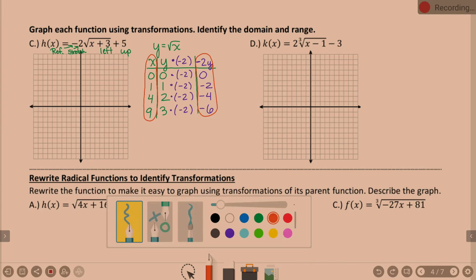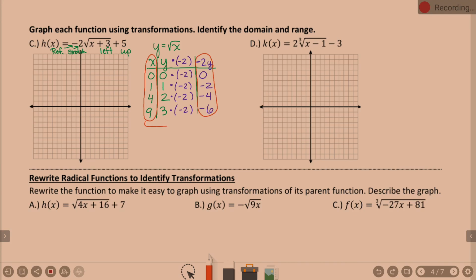So we're going to take these values right here and graph them. So let's graph these real quick. 0, 0 is still at 0, 0. Now, it was 1, 1, but now it's 1, -2 because we're stretching it. So we're multiplying it by a factor of 2, and the negative is making it go down.